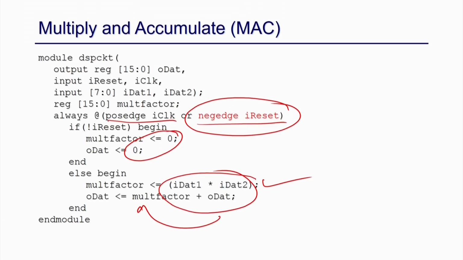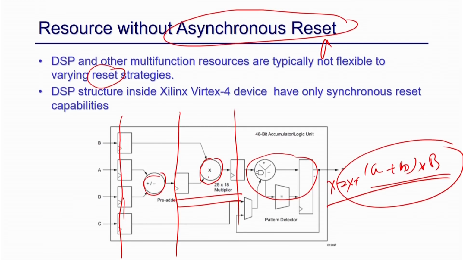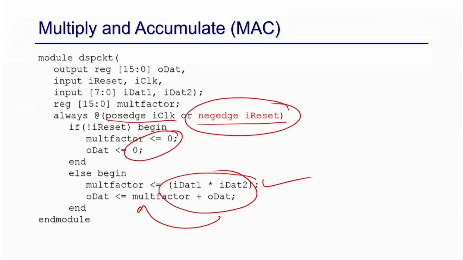But the problem is that since this is an asynchronous reset, this reset pin cannot be connected to the reset pin of that particular MAC, because it is asynchronous. So, this particular extra thing has to be implemented outside of the DSP block. This can be mapped to DSP, but this has to go outside of the DSP block.